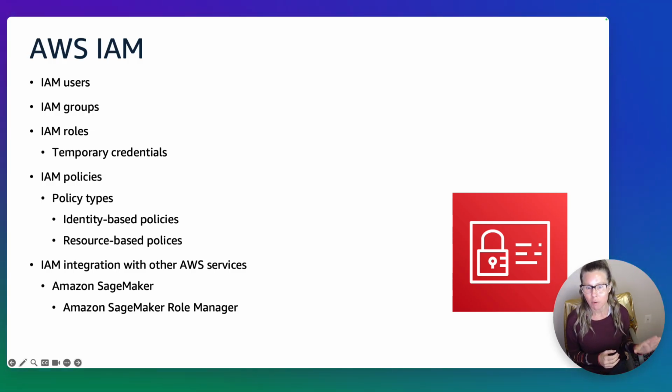Amazon SageMaker performs operations on your behalf using other AWS services. So remember that you must grant SageMaker permissions with an IAM execution role to use these services and the resources that they act upon.